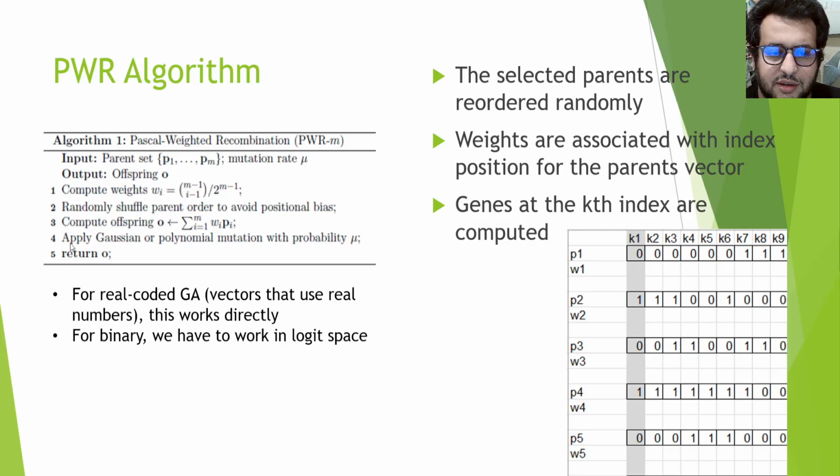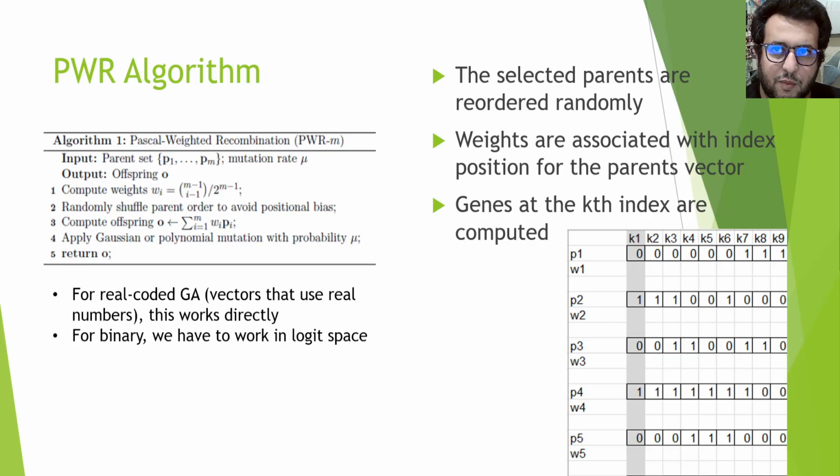And we can apply a mutation algorithm, and finally return that offspring. For real coded genetic algorithms, let's say vectors that have actual numbers, this is pretty straightforward.